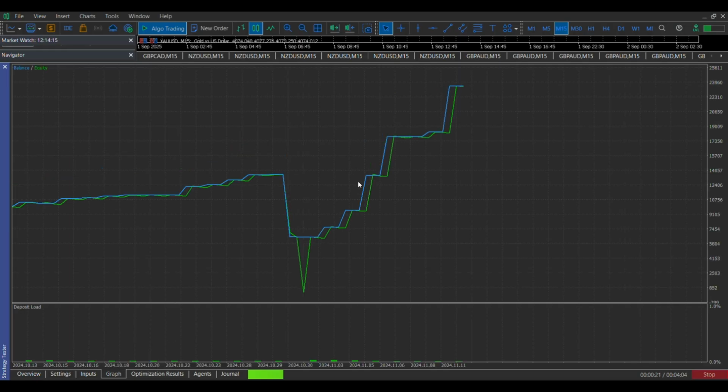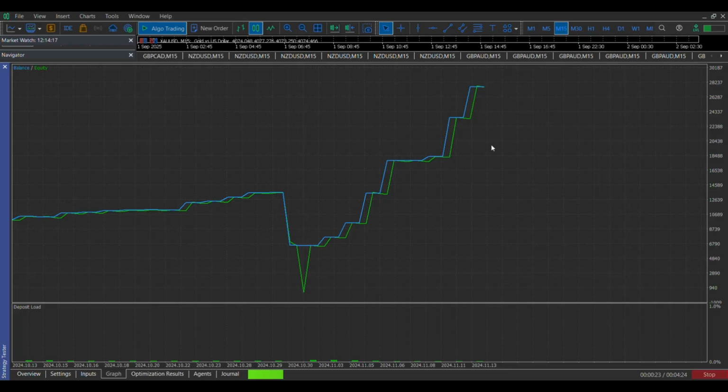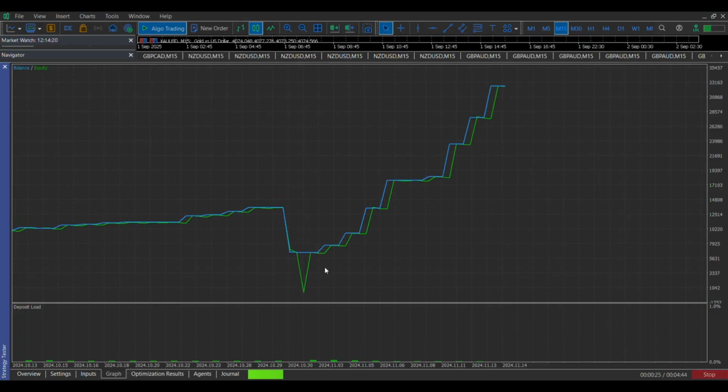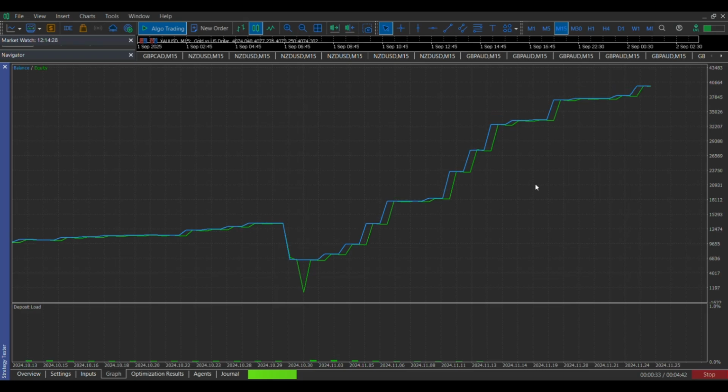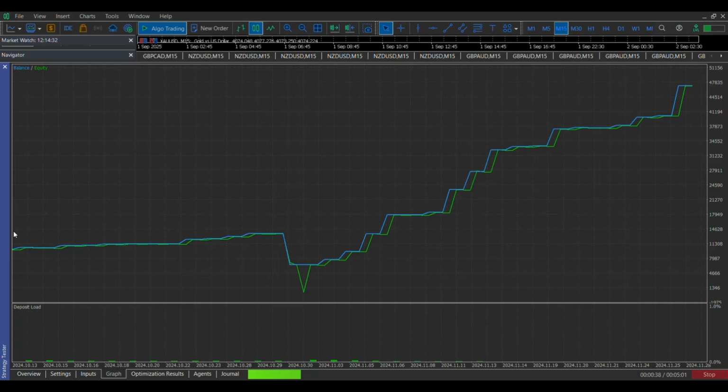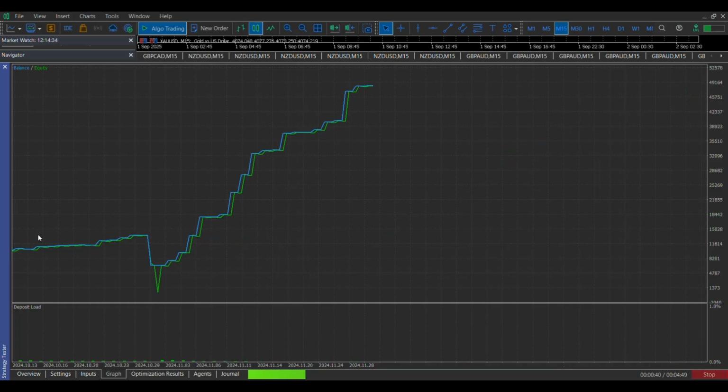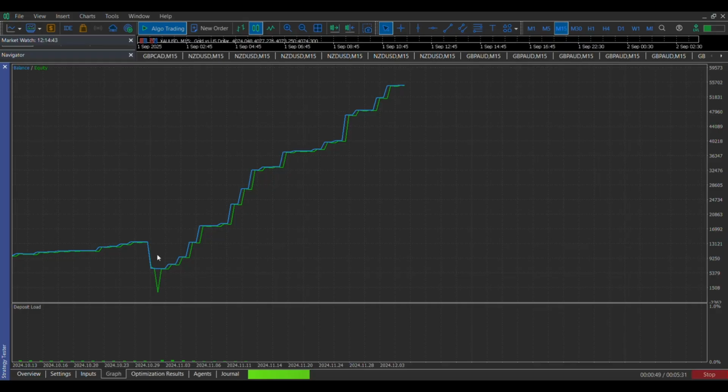As you can see, the bot started from a 10k balance. Maybe this may be a news moment, because here we have not added the news filter.